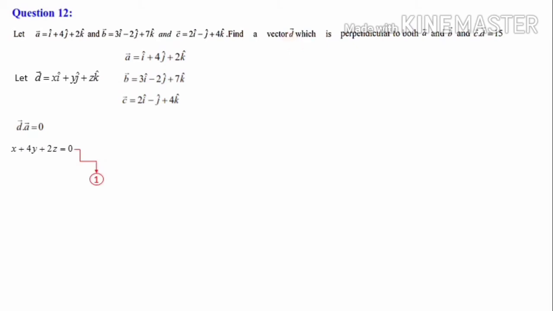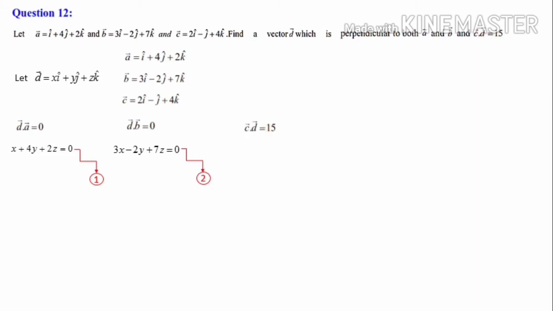Next, D is perpendicular to B. That means D dot B is equal to 0. 3 into x, 3x, y into minus 2, minus 2y, 7 into z, that is 7z is equal to 0. Let's take it as equation number 2. And another one is C dot D is equal to 15.